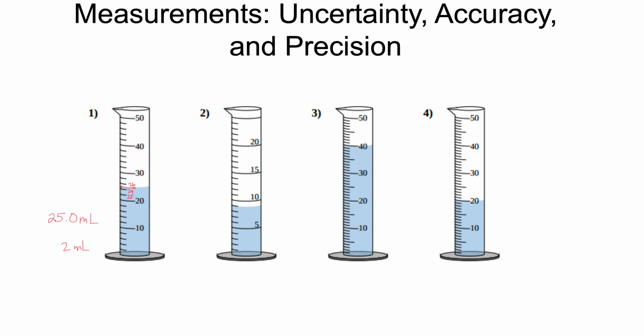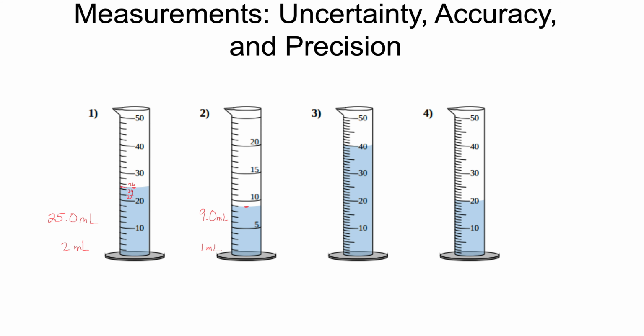With our second graduated cylinder, each line represents 1 milliliter. Here we're directly on the line for 9, and remember you can report accurately to what the graduation line is, and then one number past that, so we will put 9.0 milliliters.